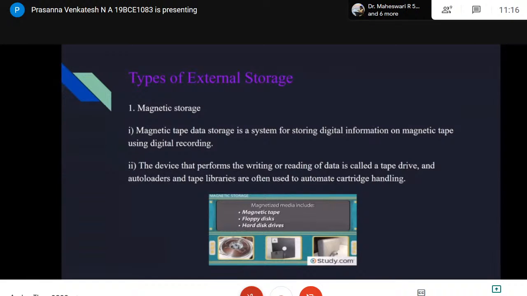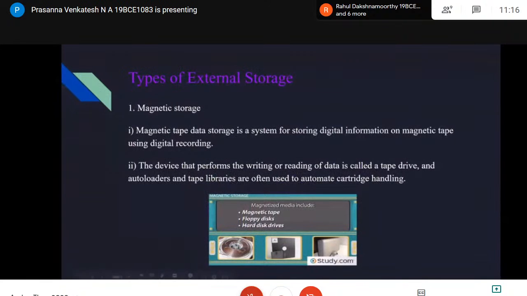In previous years, open reels were used for recording data, and now it has been converted to magnetic storage. As you can see in the pictures over here, there are a few examples of hard disks which we use in the computer.